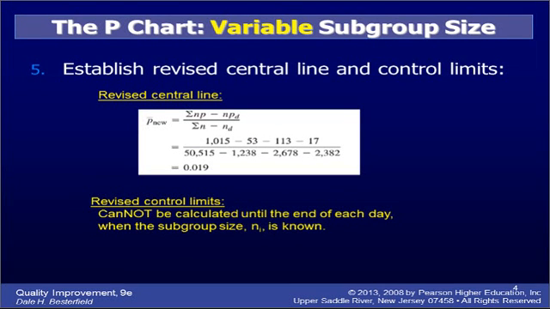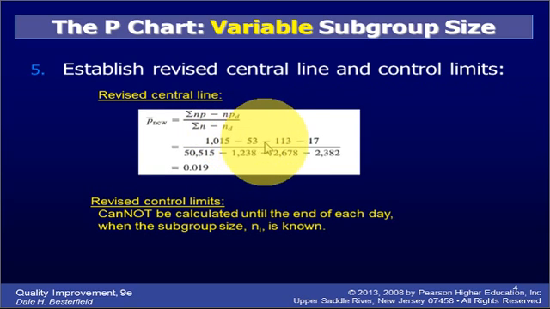Step 5 in constructing the p-chart with variable subgroup size is still to establish the revised central line and control limits. To compute the revised central line, you have to discard the subgroups that are out of the control limits due to some assignable causes. You discard the number of non-conforming units of those discarded subgroups in the numerator, and in your denominator, you subtract the total number of units that you have inspected in those discarded subgroups.